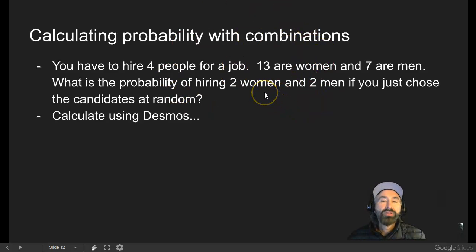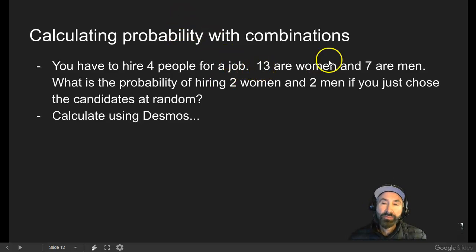The number of ways that I can choose 2 women from 13 and 2 men from 7, I figured out here, okay? But what am I dividing by? What I'm dividing by is the total number of possible outcomes. And the total number of possible outcomes would be how many ways could I choose 4 from the 20 candidates?